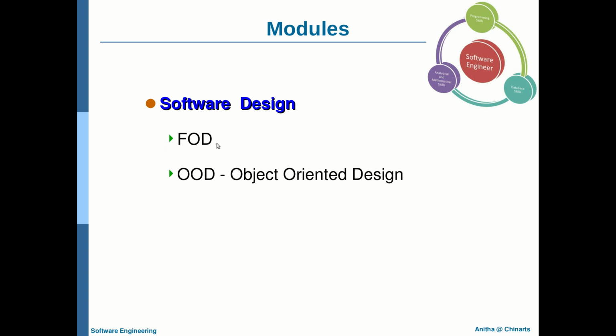So for small problems, or embedded systems, or software for numerical analysis, etc., you can choose function oriented design. But if you are going to deal mainly with the business functions that are involved in real-time entities, then you have to follow object oriented design.